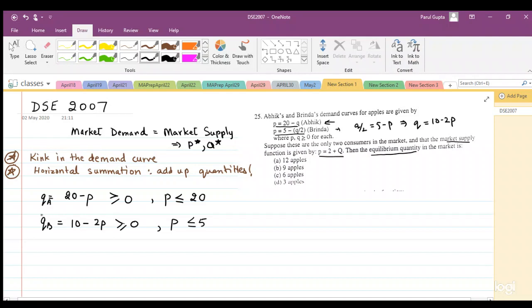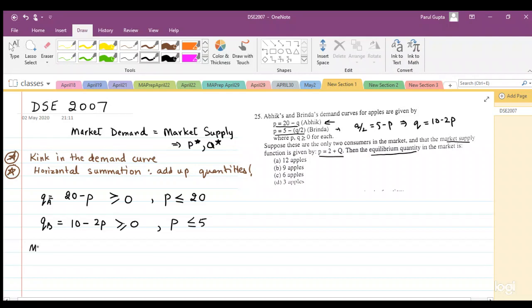So the maximum willingness to pay for this person is 5 and the maximum willingness to pay for the first person is 20. This feature of the individual demand curves also reflects in the market demand curve when we construct the market demand curve.